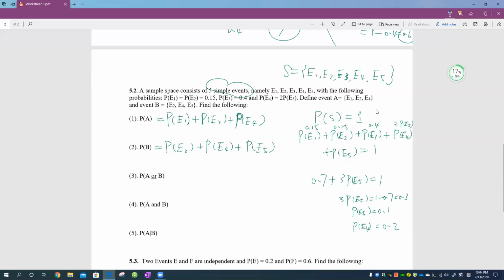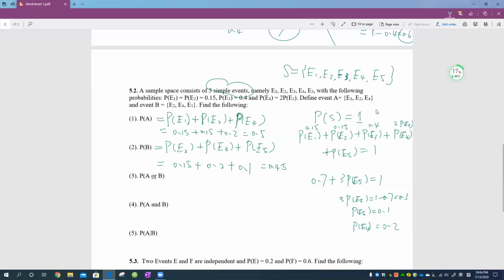So we can write down the answer for probability of A and probability of B. So probability of A should be 0.15 plus 0.15 plus 0.2, which is 0.5. And probability of B equals 0.15 plus 0.2 plus 0.1. So that's going to be 0.45.